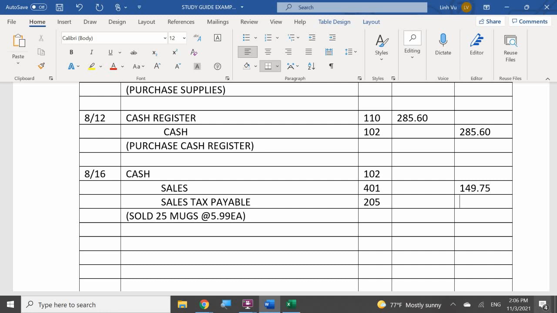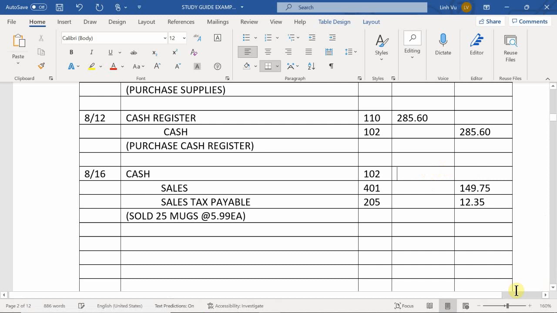Plus the tax. The tax is 12.35. So 149.75 plus 12.35 is 162 and 10 cents. Okay, 162.10.